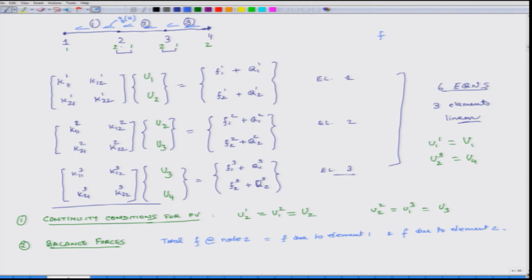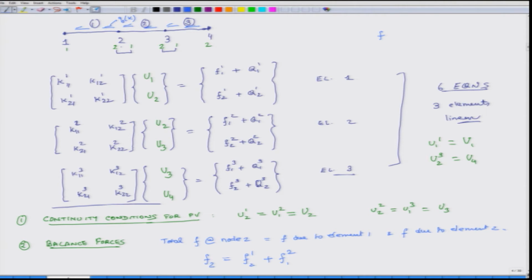So, what that means is that the overall force at node 2, F2, is equal to F21 plus F12. Okay.